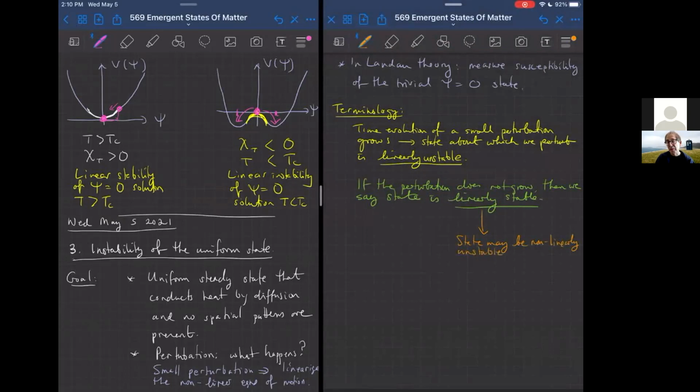What that means is I make a small perturbation, I'm stable. If I make a large perturbation, then I become unstable. We'll call that a nonlinear instability. And if that's going to happen, that means that I have to go to higher orders in perturbation theory than just the linear one.